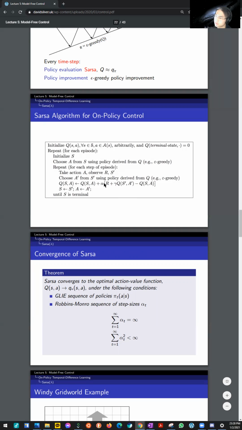One thing to note is that in the Monte Carlo method, this alpha was 1 over n, where n was the count of how many times that state action pair was visited. That's the original way to calculate an incremental mean. But now we're just using some alpha, which is a step size or learning rate, a hyperparameter we can also control.